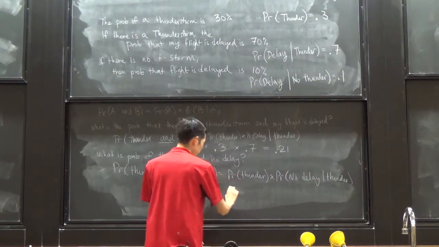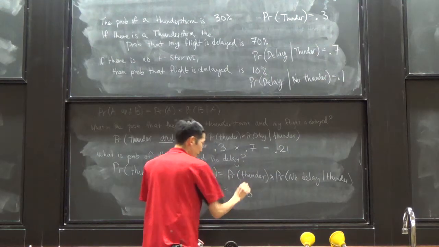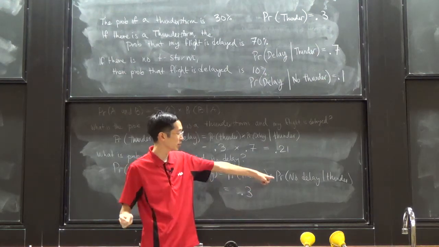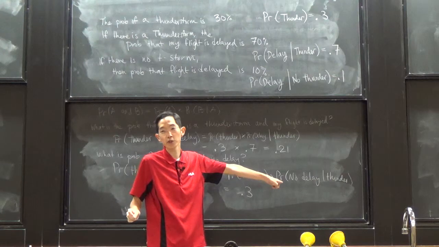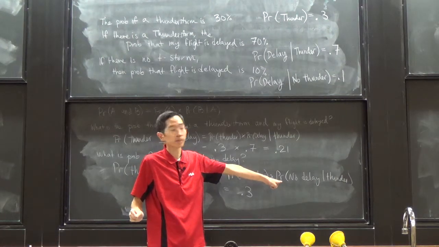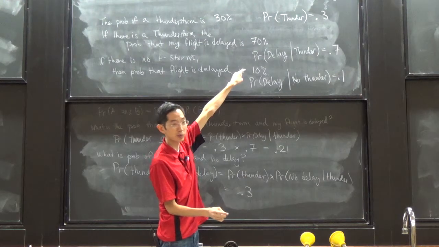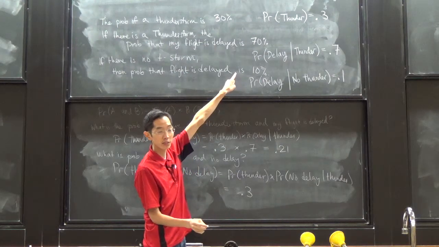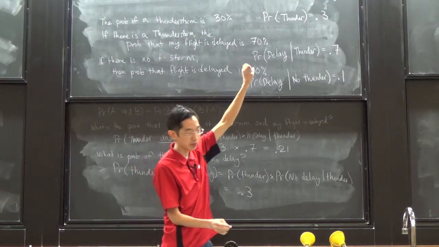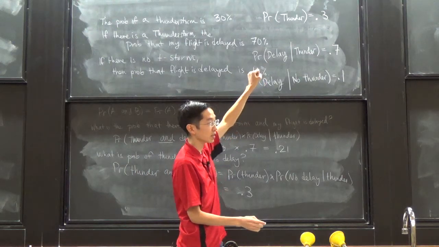Alright, probability of a thunderstorm is 0.3. Do we know what the probability of no delay given a thunderstorm is? Yeah, so we have the probability of a delay given a thunderstorm is 0.7. So that means if there is a thunderstorm, the probability that my flight is delayed is 0.7.